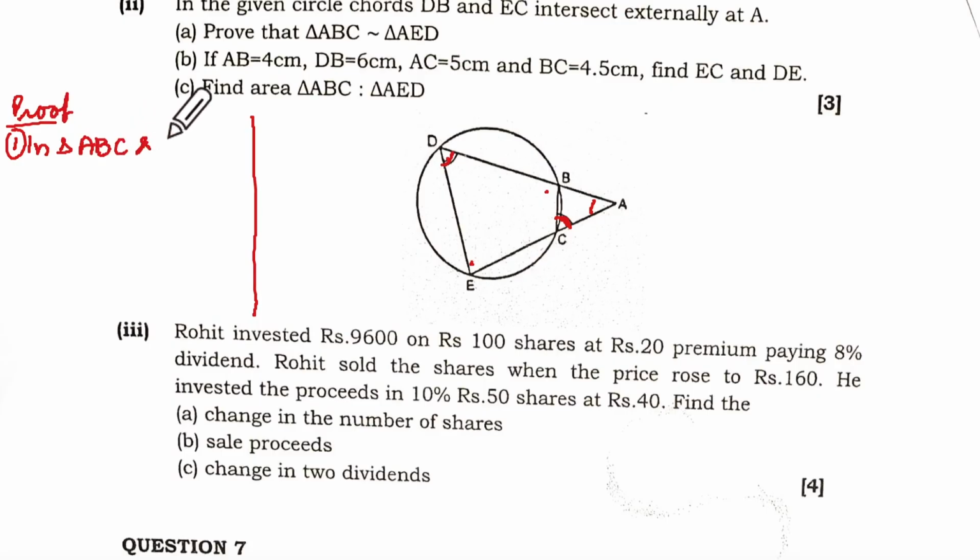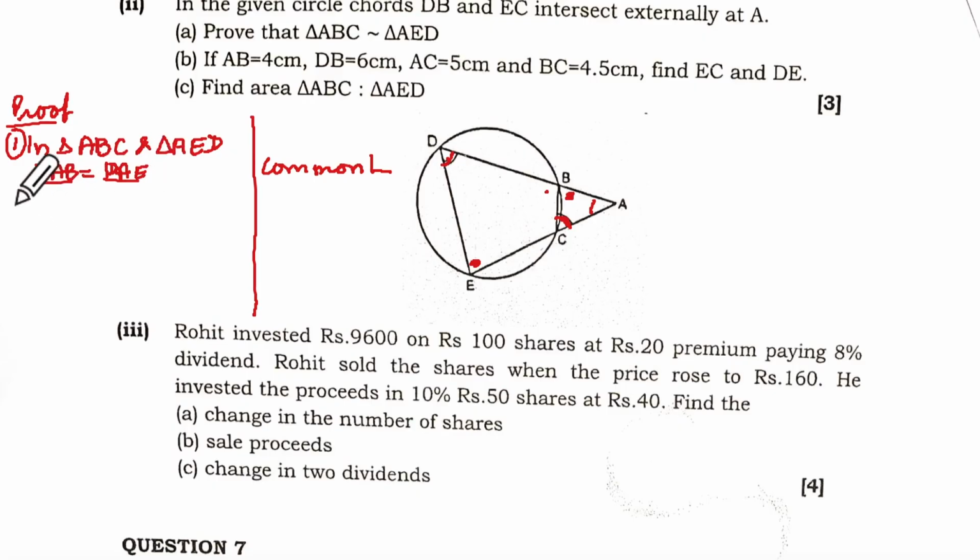So we can directly write in triangle ABC and triangle, now A is corresponding to A and B is corresponding to E. So AED is the correct thing. We will say angle A equal to angle A, and that will be common angle. In the exam, your A would be written as CAB. So if you say CAB, then it will be double ring, single ring dot. So double ring, single ring dot means DAE.